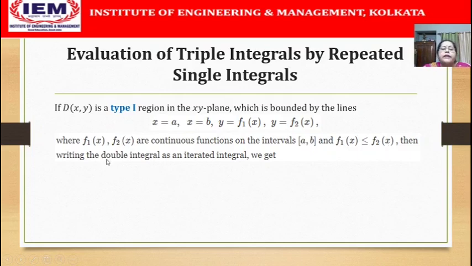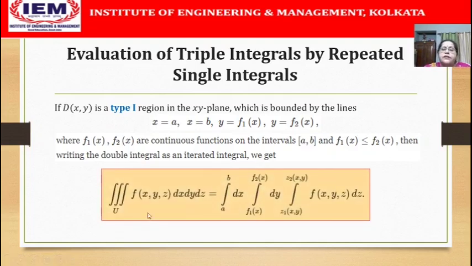Then we can write again the double integral as an iterated integral, and finally what we get is that the triple integral f of x, y, z dx dy dz may be evaluated with this formula as 3 repeated single integrals. So what we are finally doing is we first integrate with respect to z from z1(x,y) to z2(x,y), the lower surface to the upper surface. Next, with respect to y, from the lower curve f1(x) to the upper curve f2(x), and finally with respect to x from a to b.